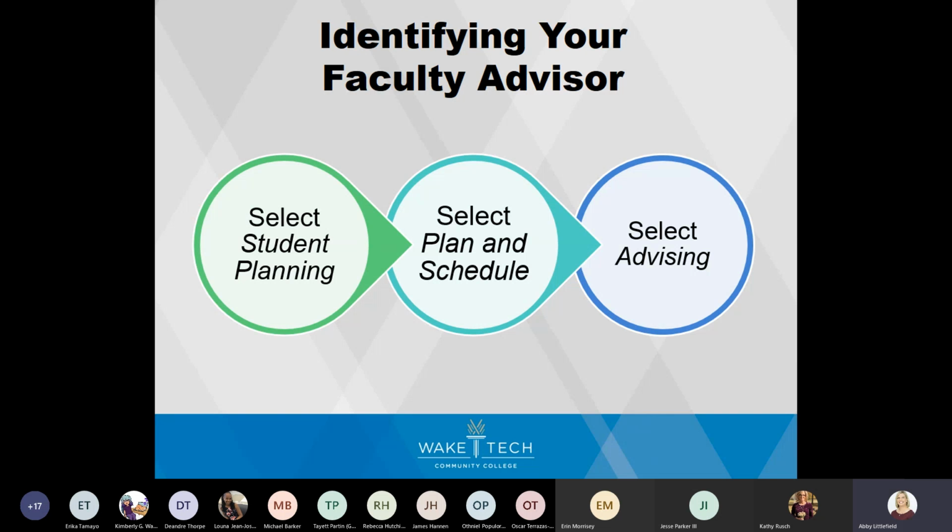Now, there's a couple of things I want to mention about advising and how to determine where and how and why to go where you need to go. So for the spring, if you are going to be a current or continuing student in the Associate of Arts or the Associate of Science degrees, then your advisors are us in the Advising Center.